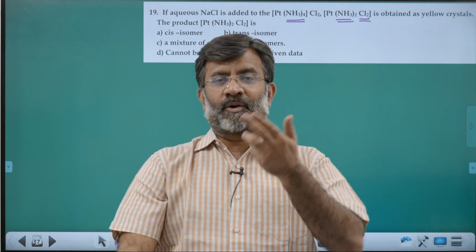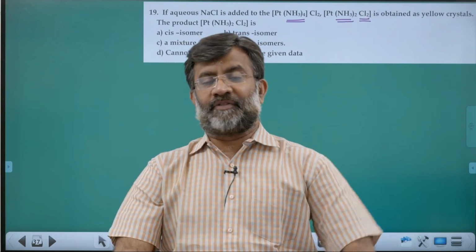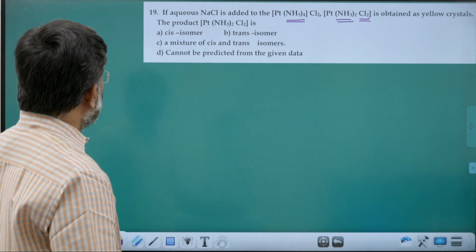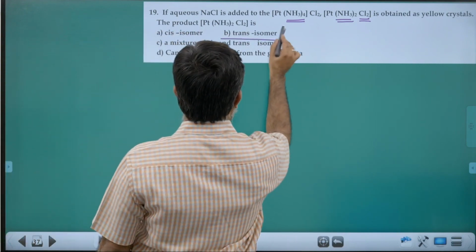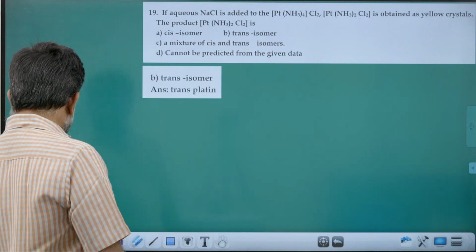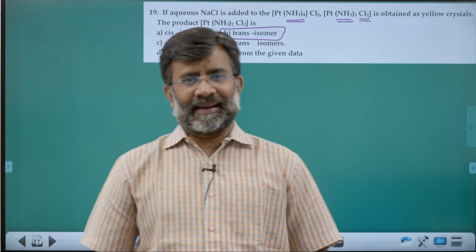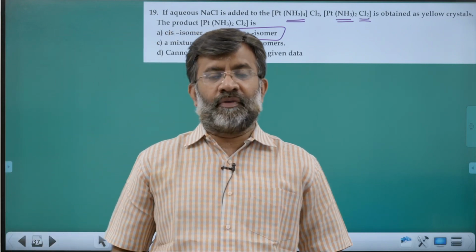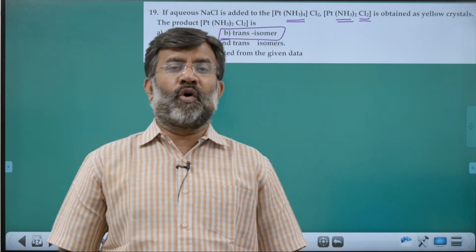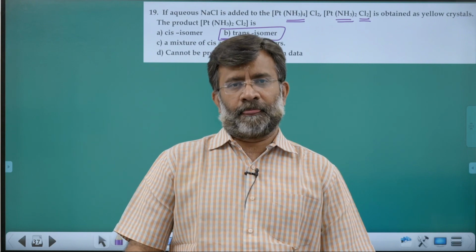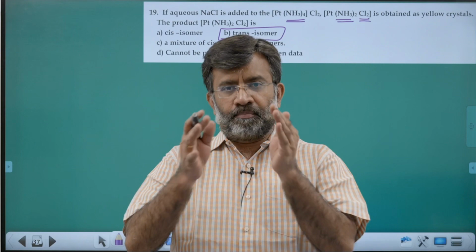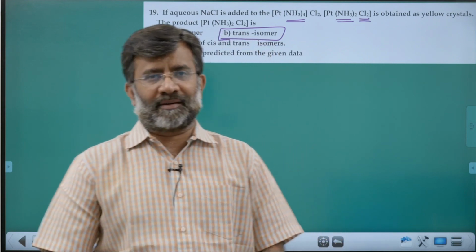Chlorine has a greater trans effect, so chlorine will come at the trans position. The answer is option B. That is the application of trans effect. It is used for producing pure isomers, particularly important in medicinal chemistry, where we want one pure isomer. Next.